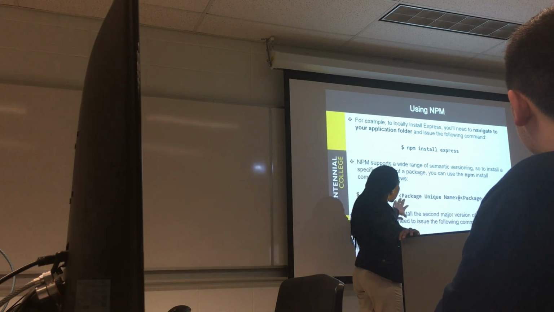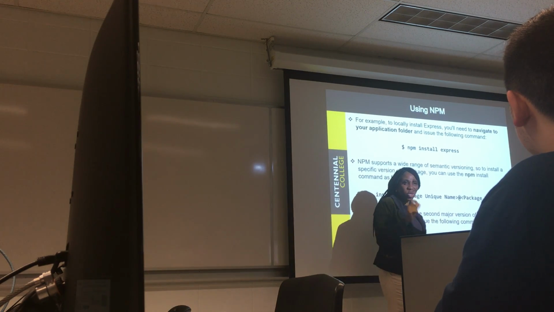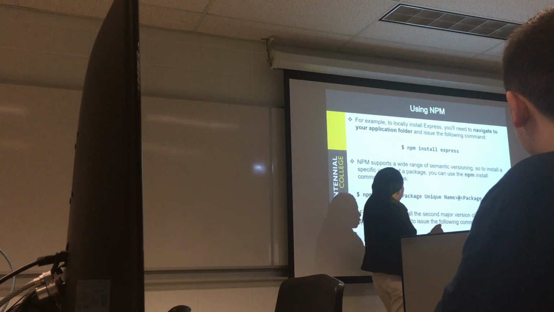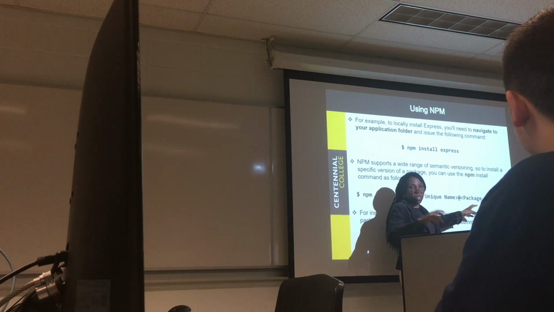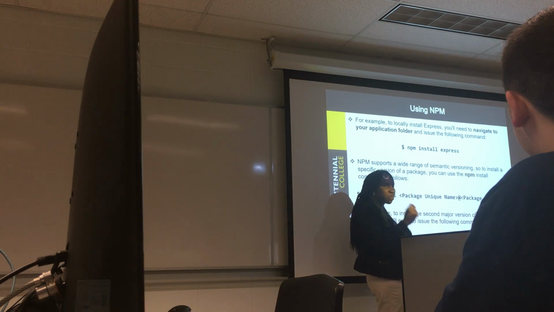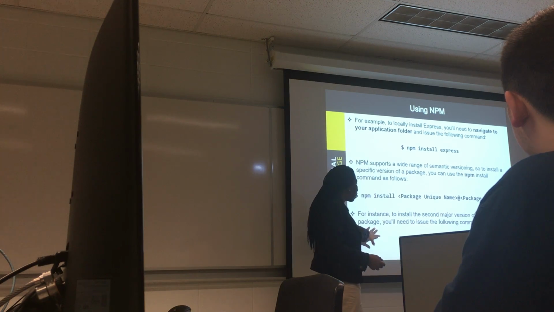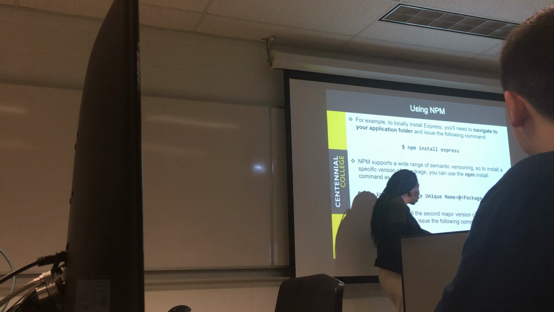So npm install any package you want to install. If you have a specific version of that package, for example version 1.something, you specify it. Like what we have here now: we want to install Express, but we want to be more specific.